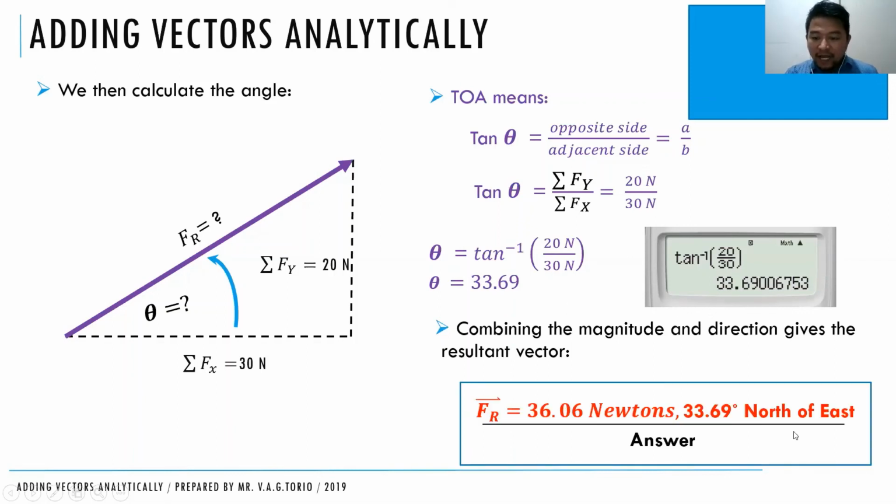So finally, I've chosen north of east as the direction with the value 33.69 degrees to couple it with the magnitude of the resultant force, which we have calculated initially, and that is 36.06 newtons. So finally, the answer is the resultant force is 36.06 newtons, 33.69 degrees north of east. And that's it. We've calculated through the analytical method, or vector components, the resultant of the two given vectors that we have.